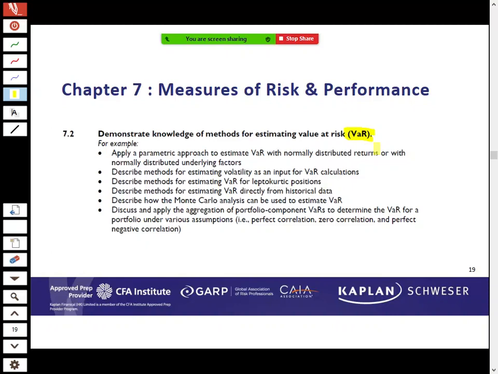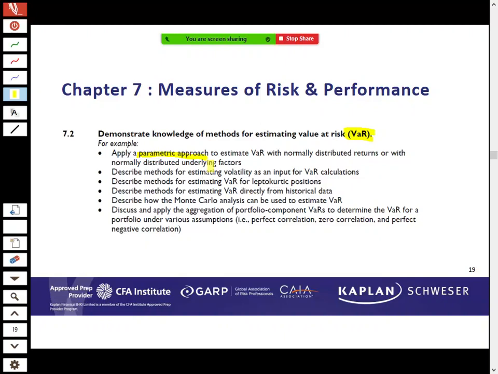Here it says there is more than one method to calculate it. Most of the time, we apply the parametric approach, so we need to know what the parametric approach is. Perhaps we also take note of the non-parametric approaches for comparison. That is the normal question format.